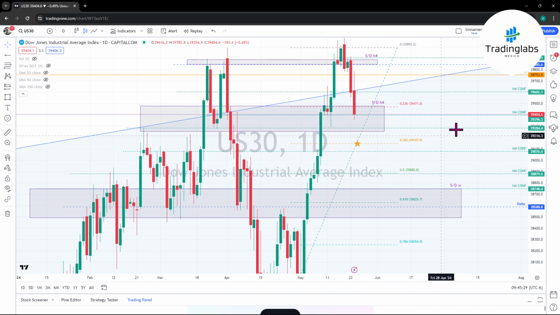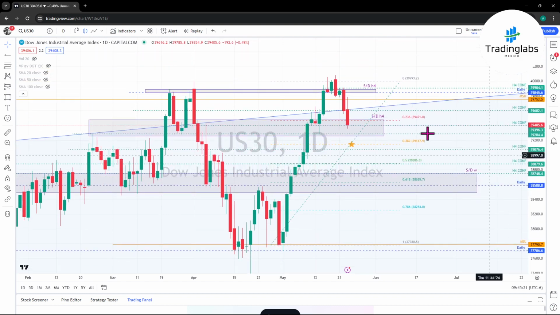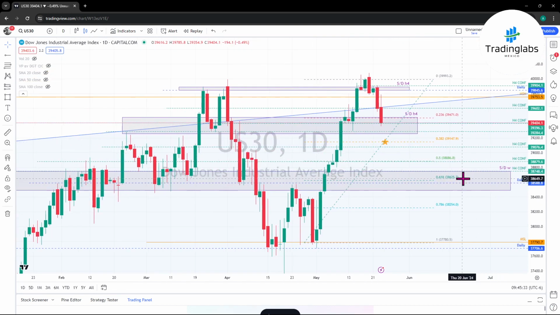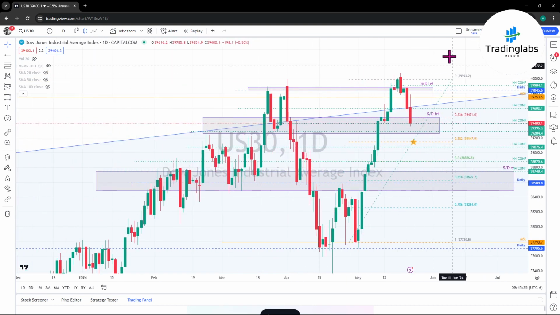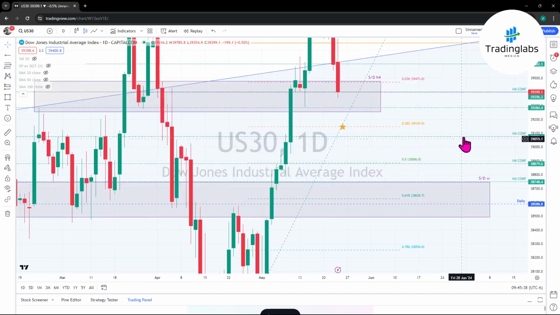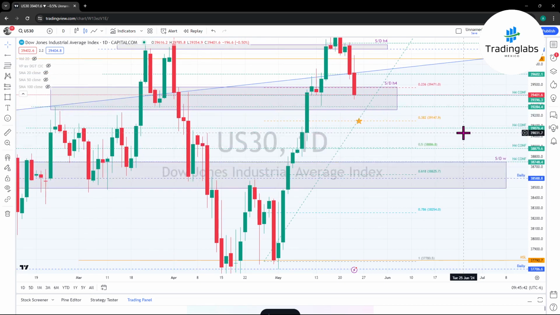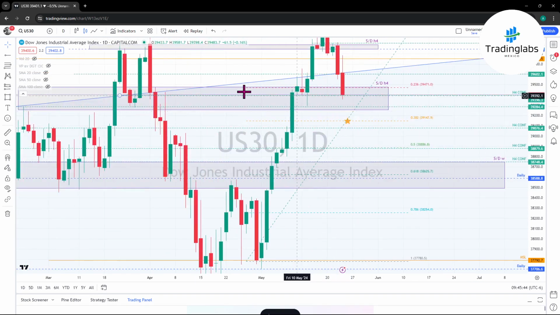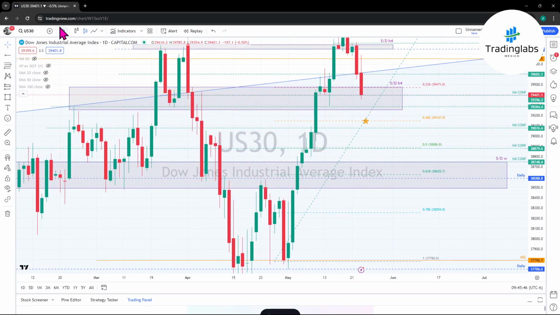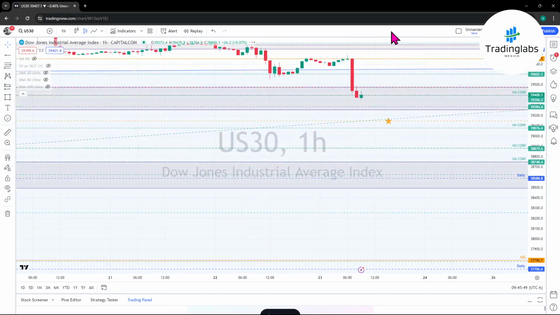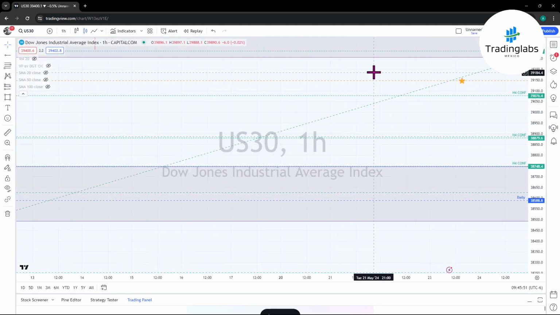But you will not buy at the current level because now it's at the demand zone. Also on the one daily time frame, you will not make a buy here, because it's a demand zone, but I have to see if the bulls are coming.